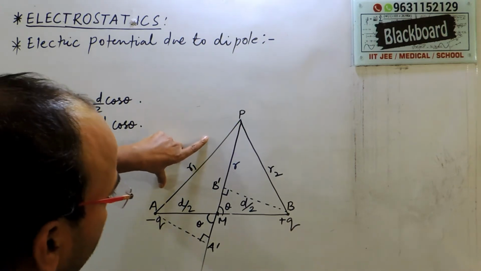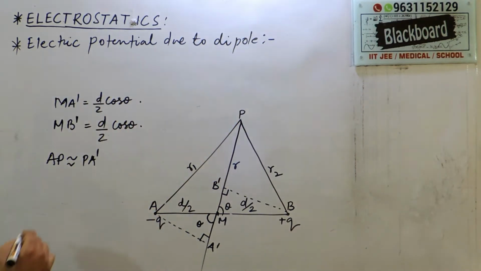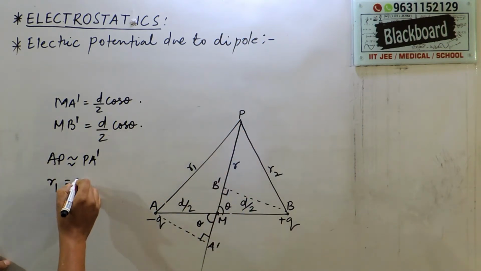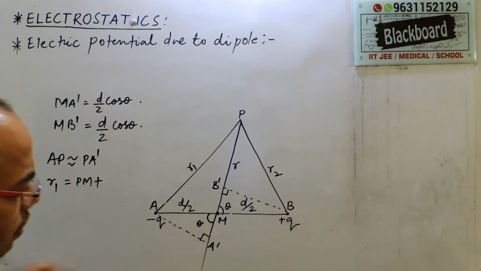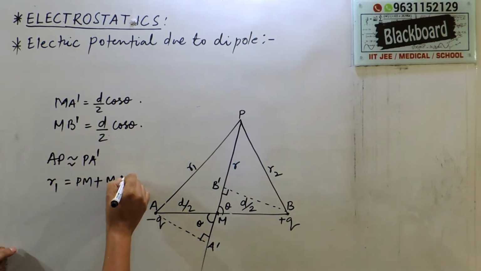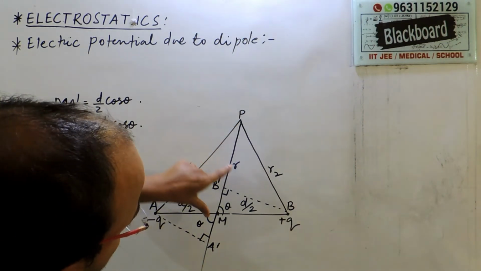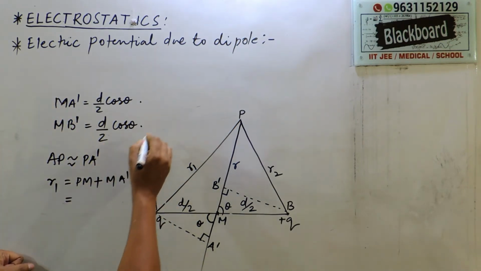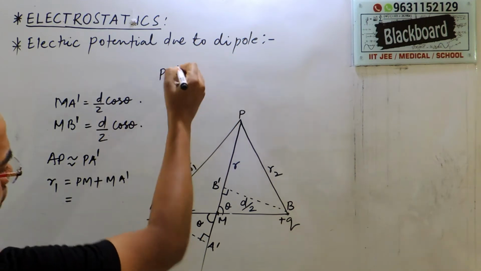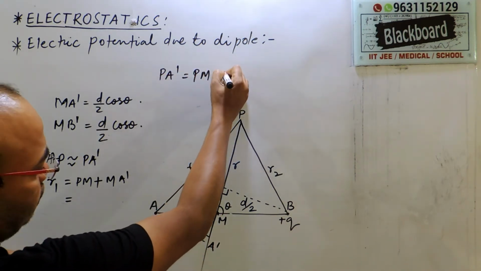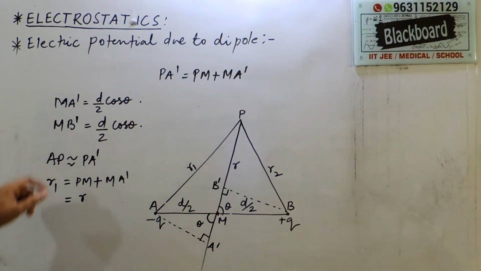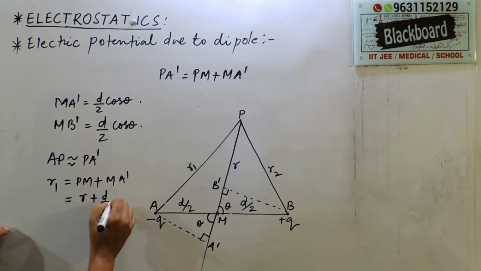That means you can write AP, which is r1, equals PA dash, and PA dash we can write as PM plus MA dash. We have taken AP equal to PA dash, and PA dash is equal to PM plus MA dash. PM is here r and MA dash is d by 2 cos theta, and this is your r1.